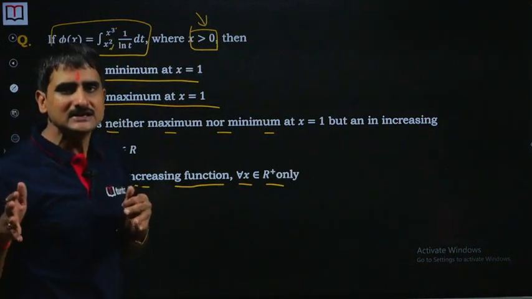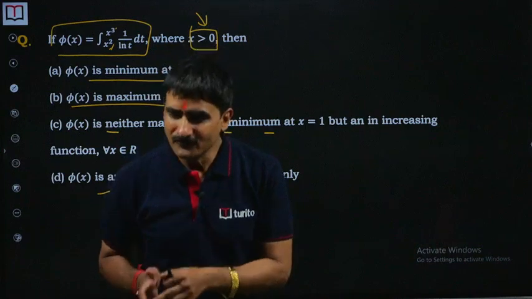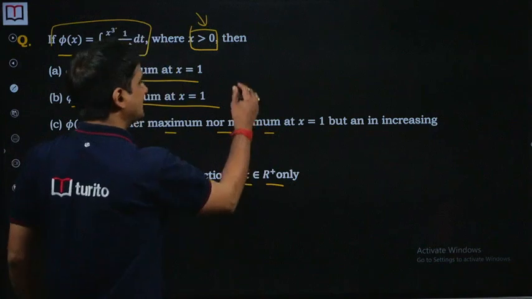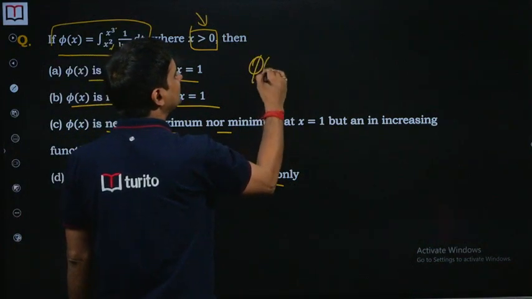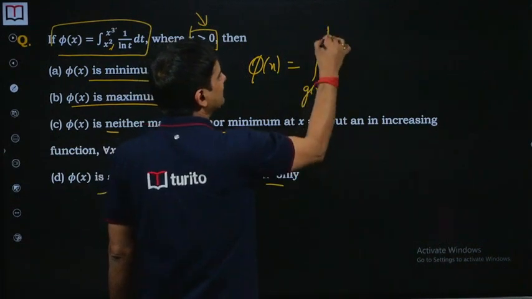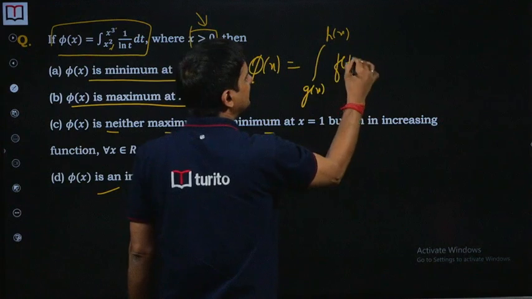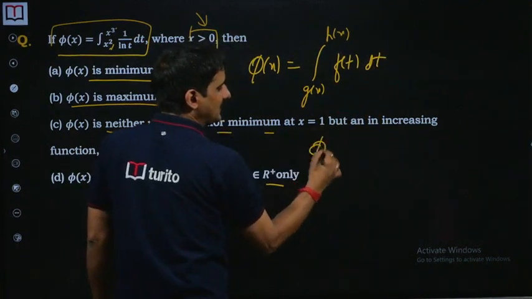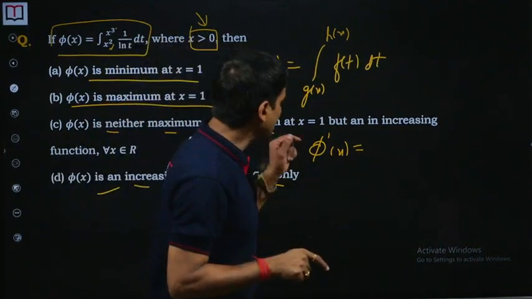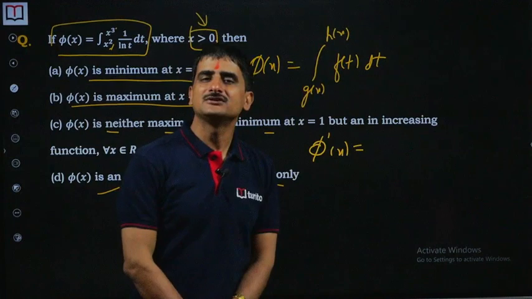See, for increasing or decreasing, or for maxima minima, we know the first step is differentiation, and here we are going to use Leibniz rule of differentiation. So what is it? It says that that's the function, let's say, then phi dash x, derivative of such a definite integral where the limits are a function of some variable.